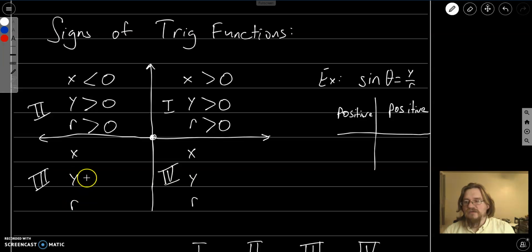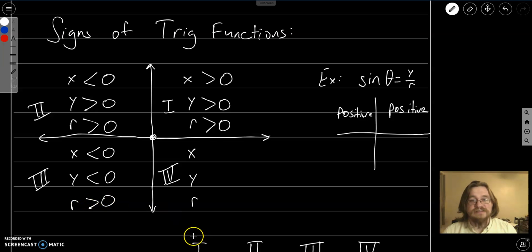Down here in quadrant 3, again, we're to the left, so this is where x is negative. But we're also below the x-axis now. We're going down, and down is negative. But r, because distances are positive, is positive. So now I've got a negative number for y, and r is a positive number. And a negative divided by a positive is going to be a negative.